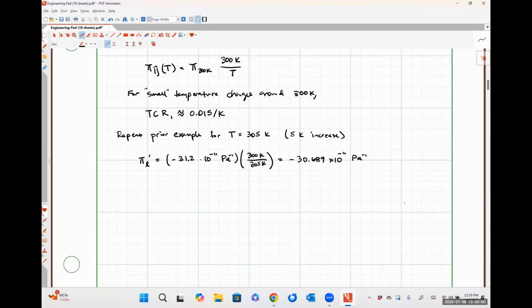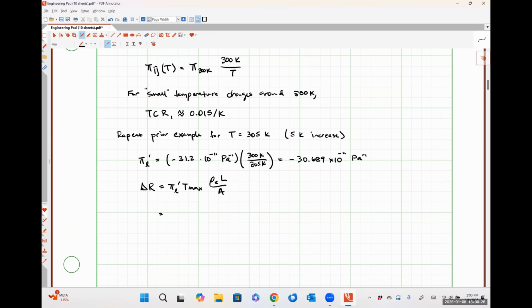So my change in resistance is going to be pi L prime times our maximum strain times rho E L over A. All right, let me do that down here.